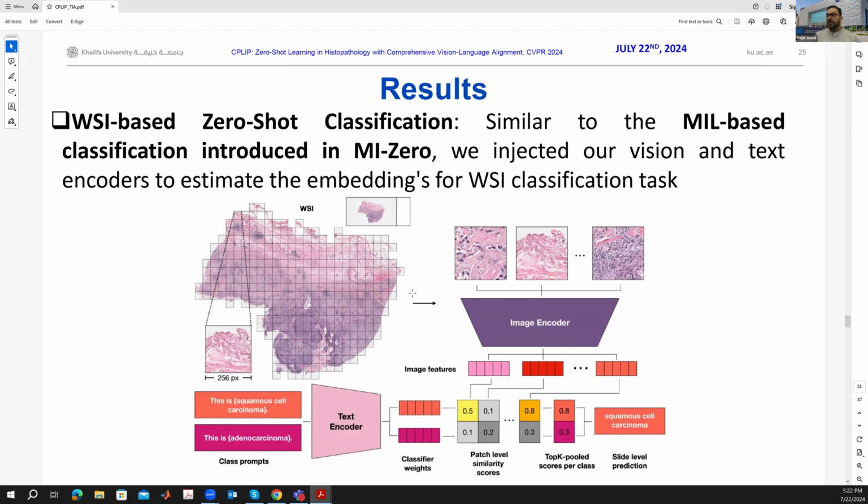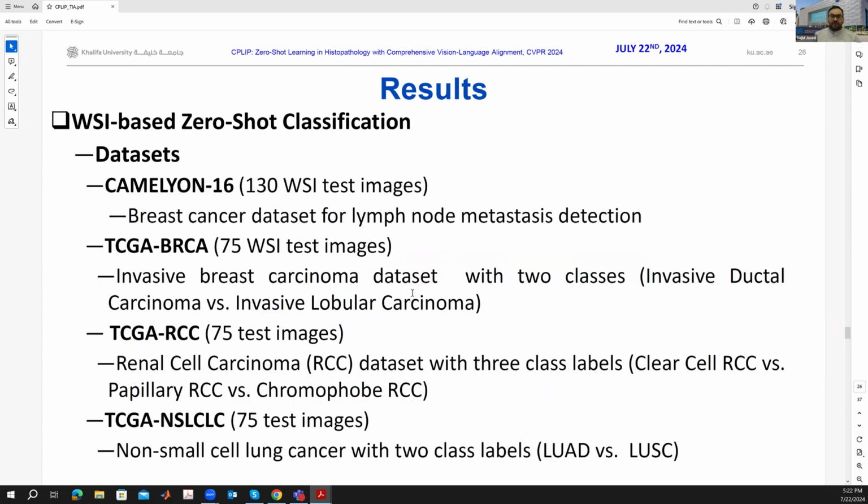Here you can see that we perform top-K pooled scores per class, and at the end the slide level prediction is evaluated. For the WSI based zero-shot classification, we use 4 publicly available data sets. Camelyon16 is a breast cancer data set for lymph node metastasis detection.